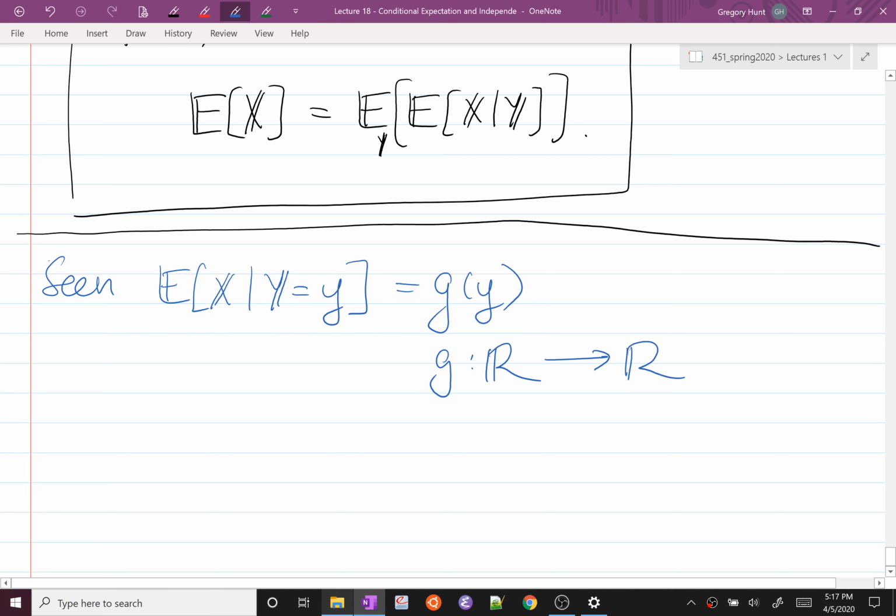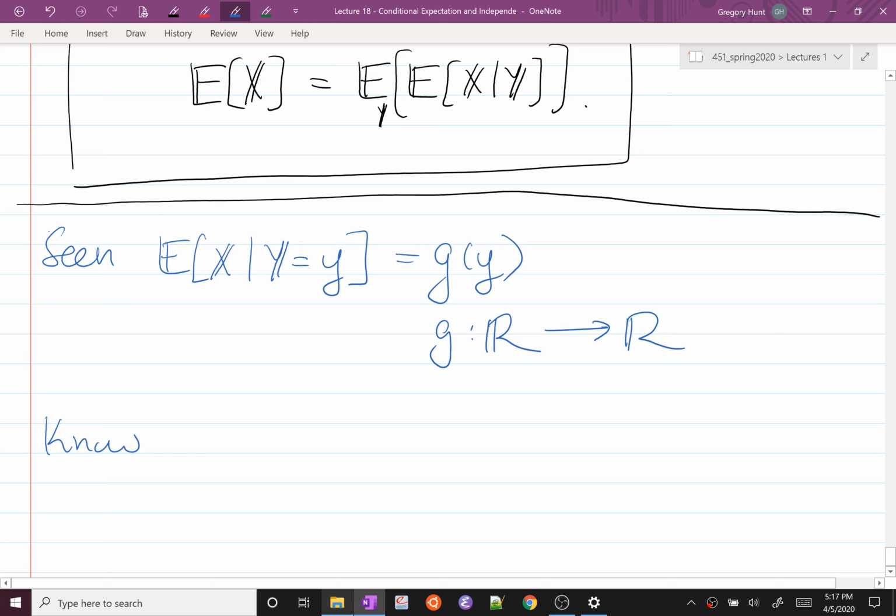And we know how to take the expected value of g of Y, for some arbitrary function g. But I could use, as my arbitrary function, this function g, which is just some real valued function.